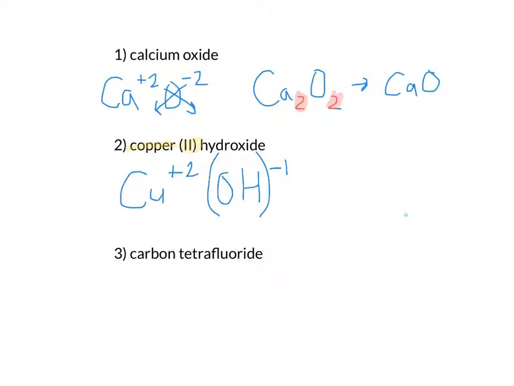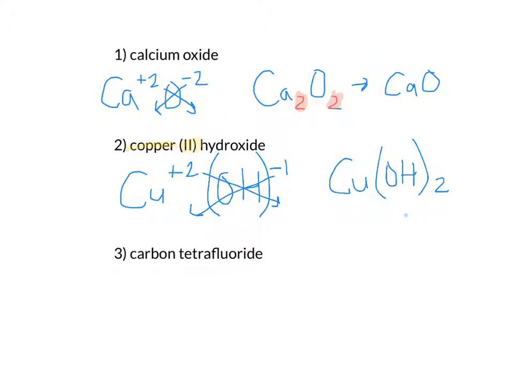So when I actually go to write this formula, I'm going to do that drop and swap method, and I'm going to end up with Cu1. I don't have to write the 1, so I'm not going to. In parentheses, I'm going to put that OH, and the 2 is going to come from the copper, so I end up with a formula that's Cu(OH)2.